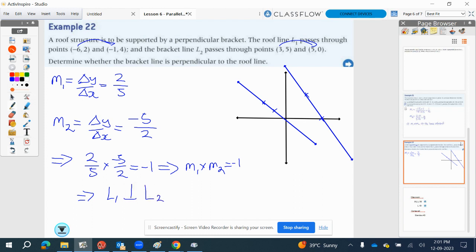Is that how you write perpendicular? Yep, it's like an upside down T. Should I take a picture of that? Yep. Nice. Do I have to write that part where it says 2 over 5 times the...? Yeah, you should show the comparison with the numbers to show what numbers you're using.